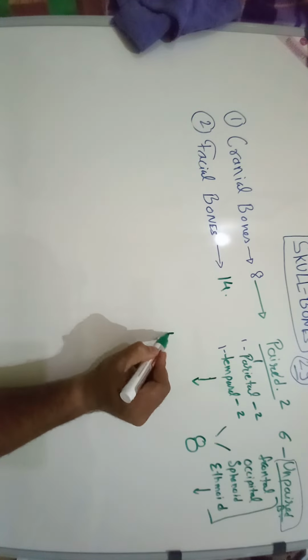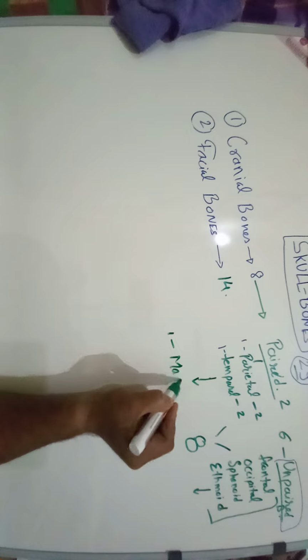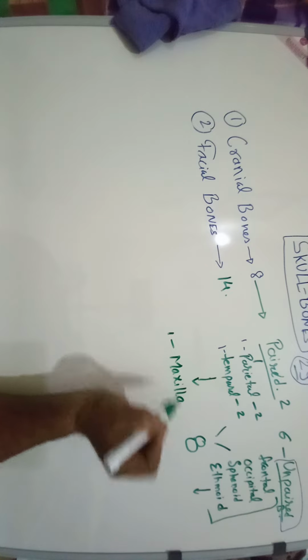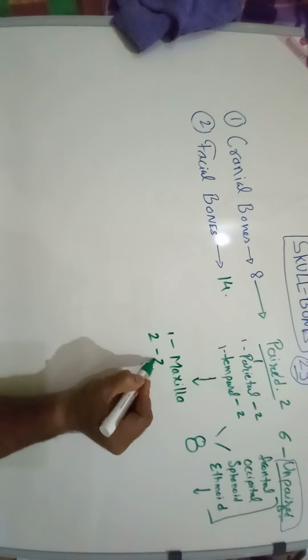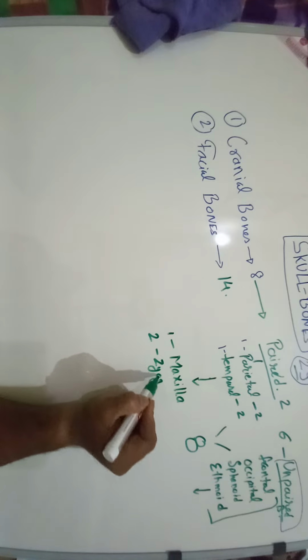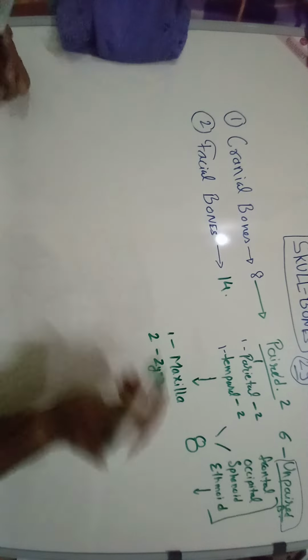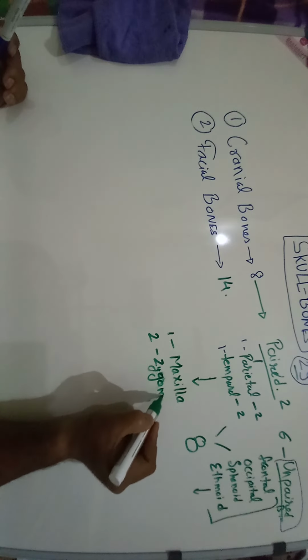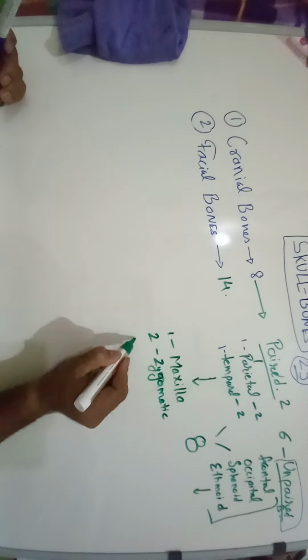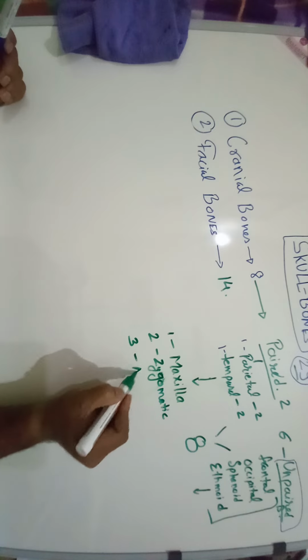Paired bones: first one is maxilla. Second one is zygomatic. Third one is nasal.